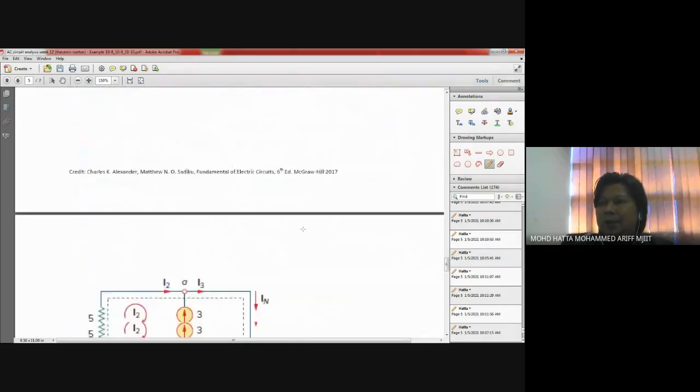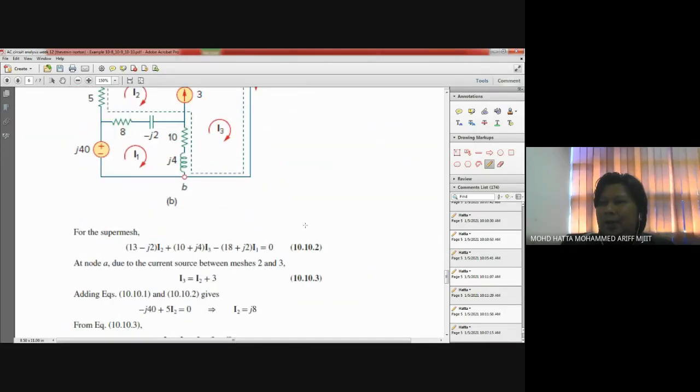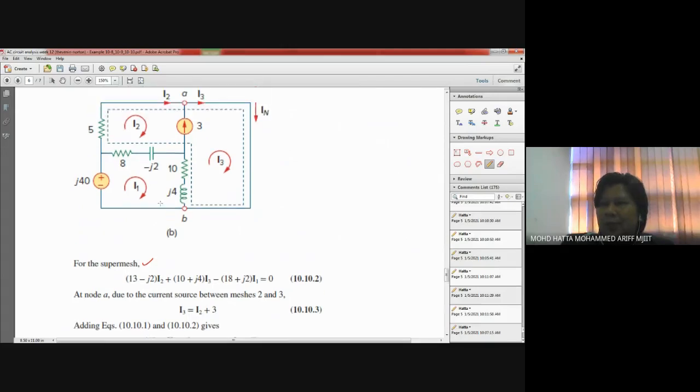Later on, we apply the super mesh theorem, and you need to work out the voltage drop across this big mesh, combining mesh number 2 and mesh number 3.